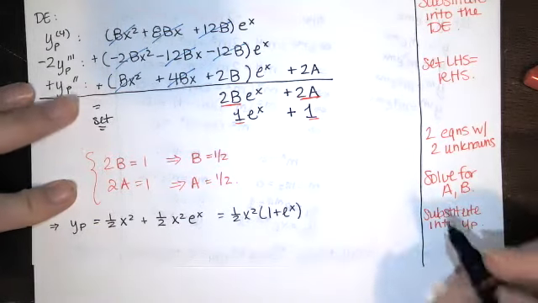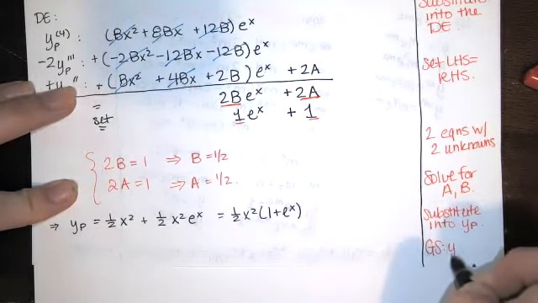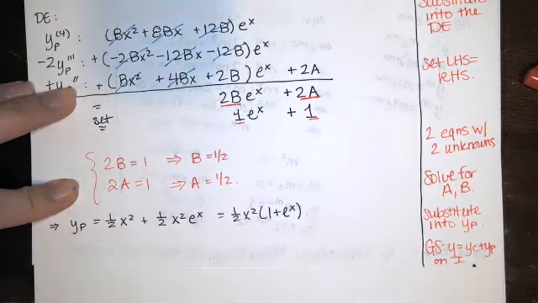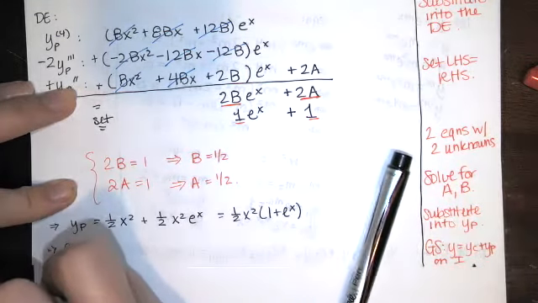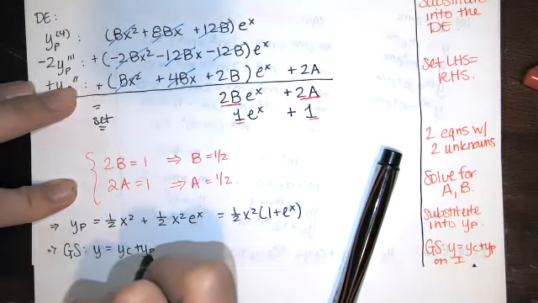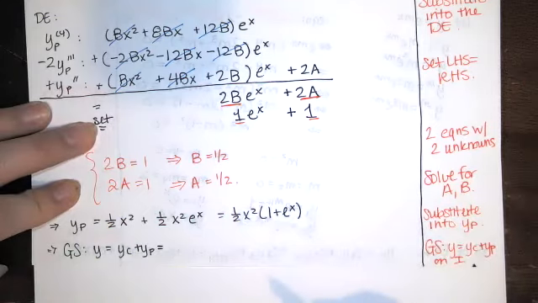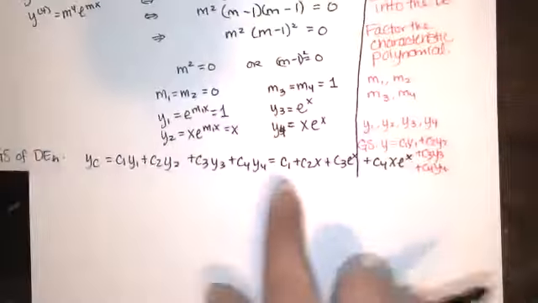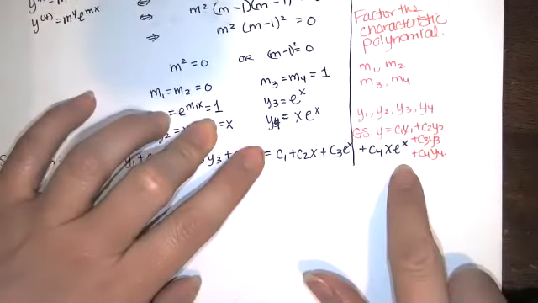Okay, now we want the general solution. We know the general solution is y equals y sub c plus y sub p. We always like to have an interval I as well. So our general solution is y equals that sum, which in this case happens to be y sub c, which was right here.